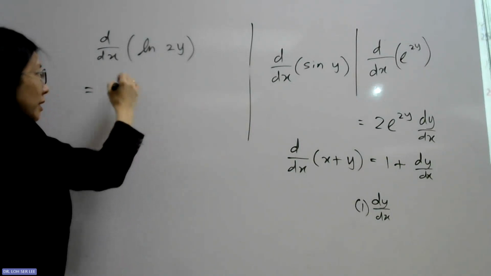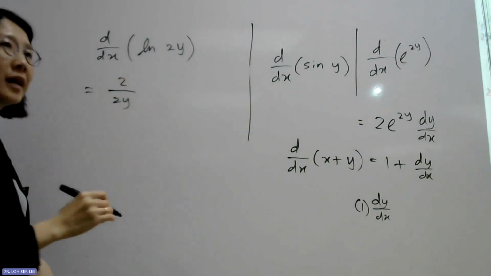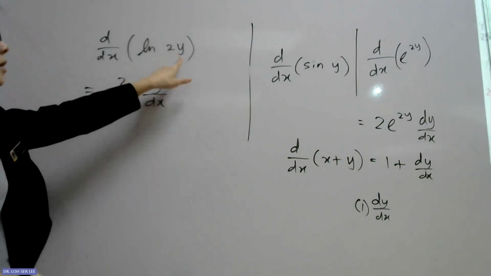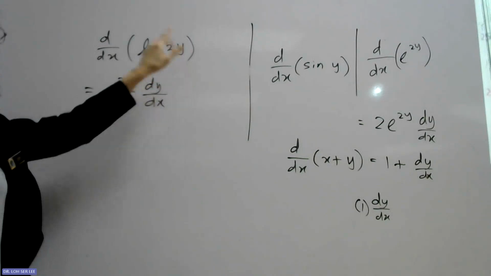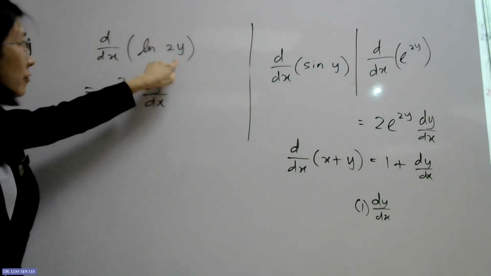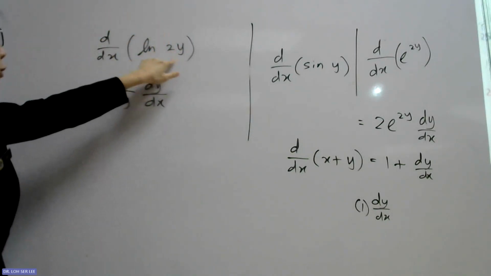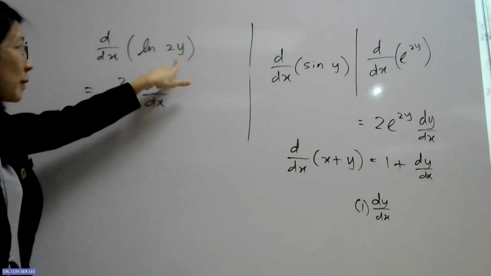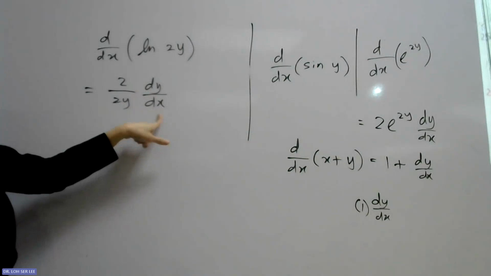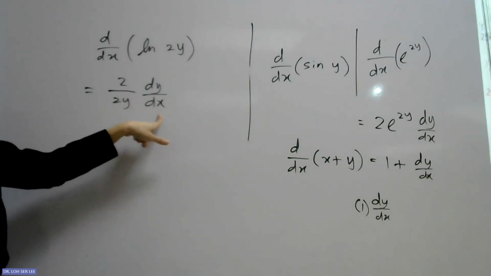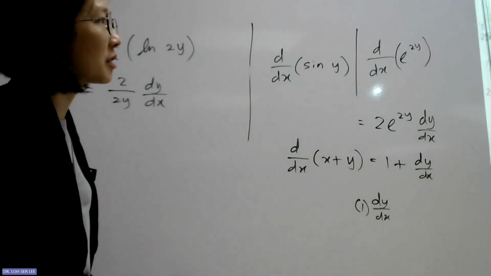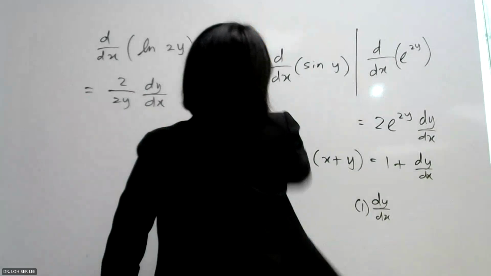Differentiate this one with respect to y, you get a 2 here, right? And then dy dx, because this is y, not x. So whenever you differentiate a y function with respect to x, you differentiate that function with respect to y first, followed by an extra term of dy dx. Okay, so this is the first step for you to understand implicit differentiation.